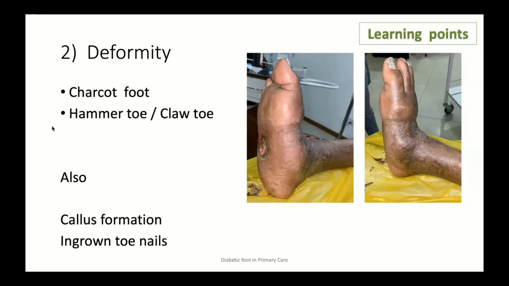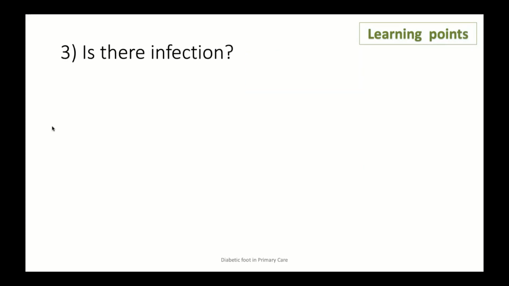There can be people with Charcot feet, hammer toes, claw toes, and any form of deformity in diabetic people. The presence of neuropathy is going to predispose them to forming pre-ulcerative tissues. Things like calluses are all part of a future ulcer that can happen. So looking for deformity in any form is very important.